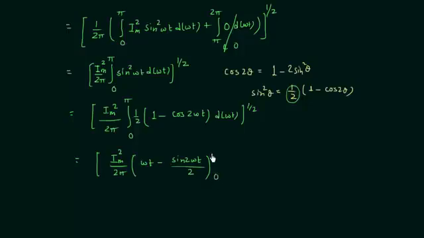The lower limit is 0 and the upper limit is pi, to the power 1 by 2. When you put the lower limit and upper limit and solve it, you will have Im square divided by 2 pi multiplied by pi. You will get pi when you put the lower limit and upper limit, to the power 1 by 2. This pi and this pi will cancel out.